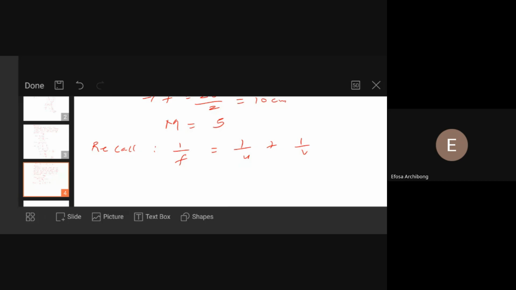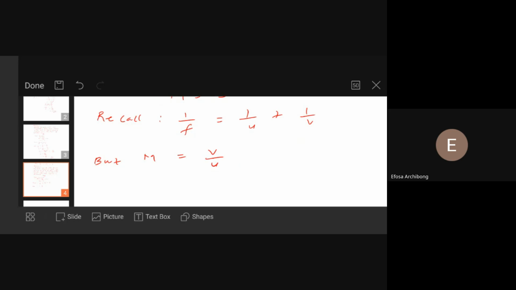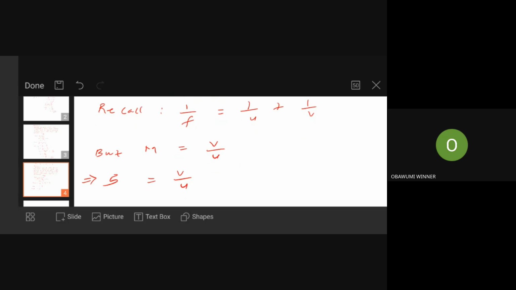But we are not given v and u, but we know that our magnification M is equal to v all over u. So 5 is equal to v all over u. So I have to just make a substitution and plug it into the original equation. That's exactly what I'll do.